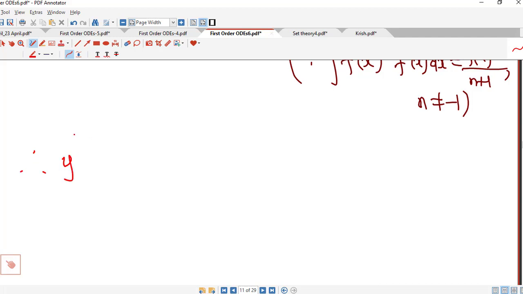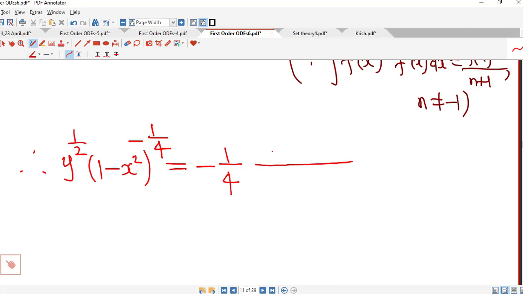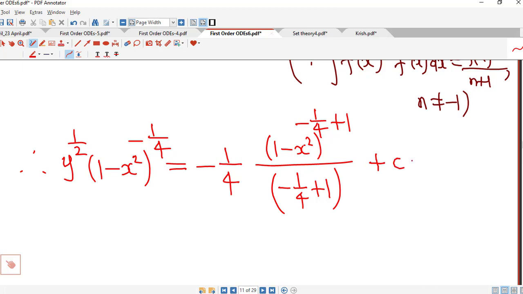Therefore the left hand side is y raised to minus 1/2 times (1 minus x square) raised to minus 1 by 4, equal to minus 1 by 4 constant, integral of (1 minus x square) raised to minus 1 by 4 is minus 1 by 4 plus 1 over minus 1 by 4 plus 1, plus c.